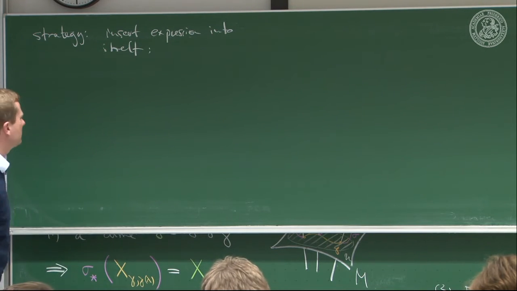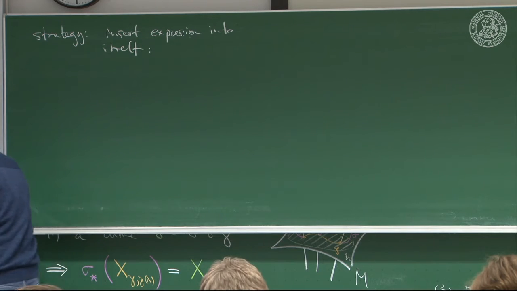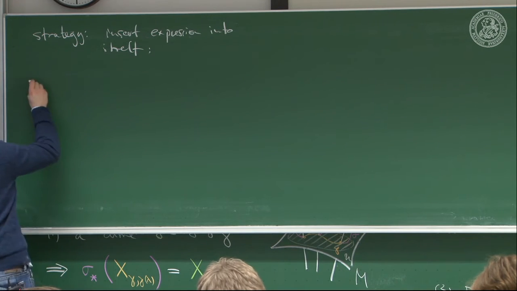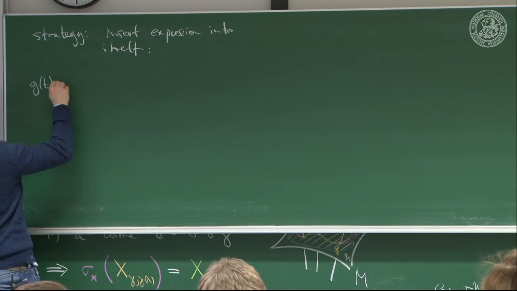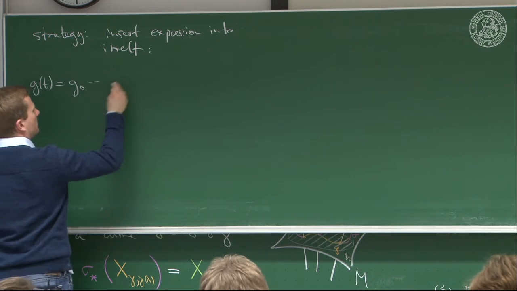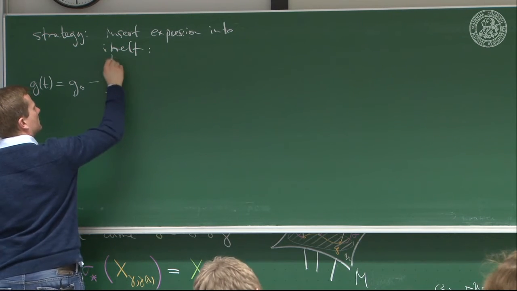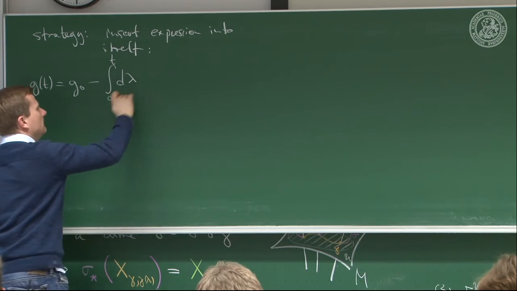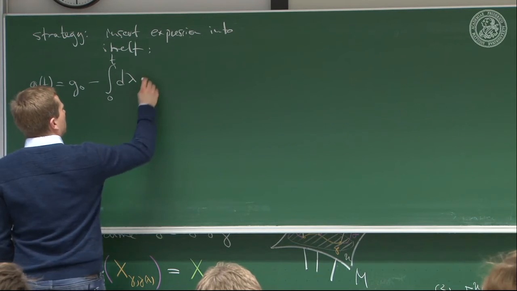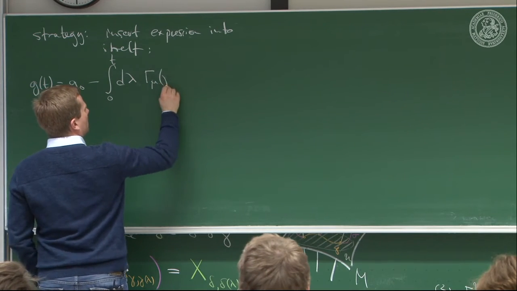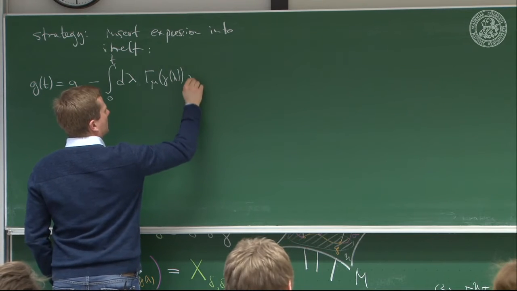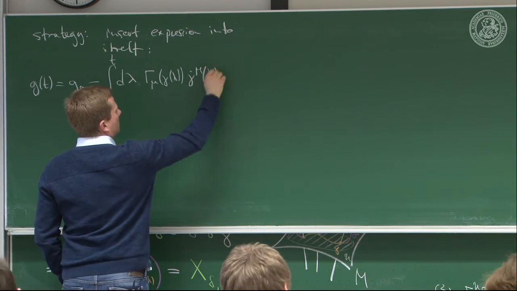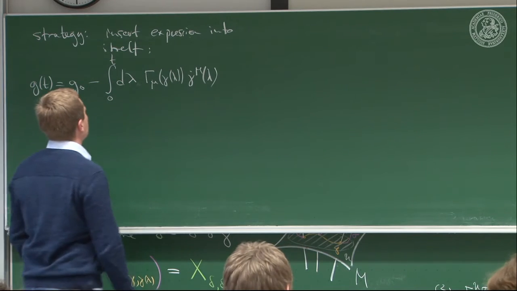So there's nothing indecent about that. So we get g of t equals g0 minus integral from 0 to t d lambda, gamma mu of lambda, gamma dot mu of lambda, and now I need to insert it into itself.